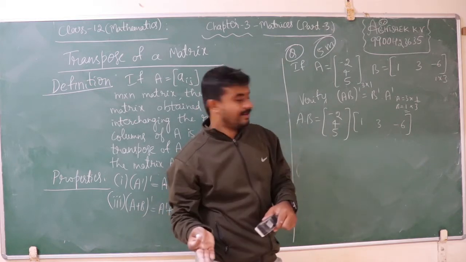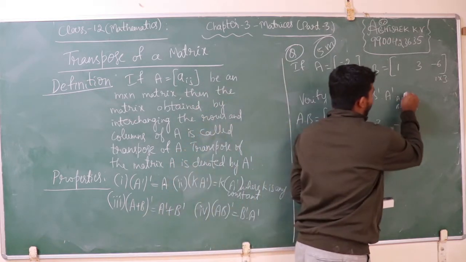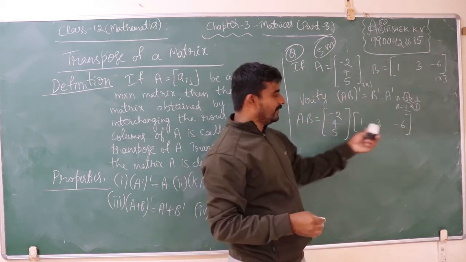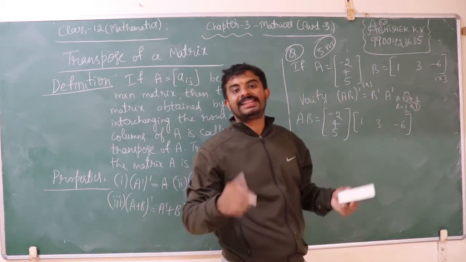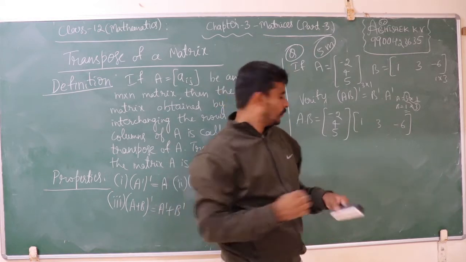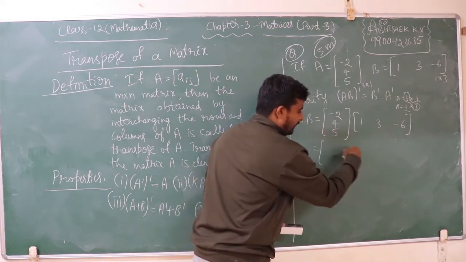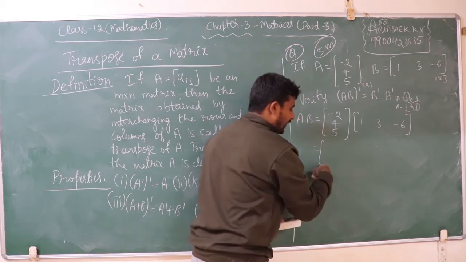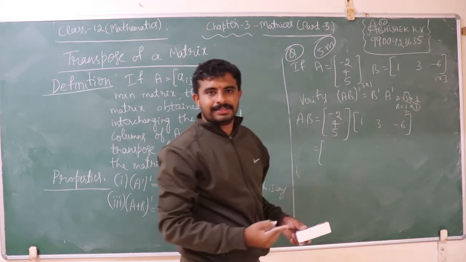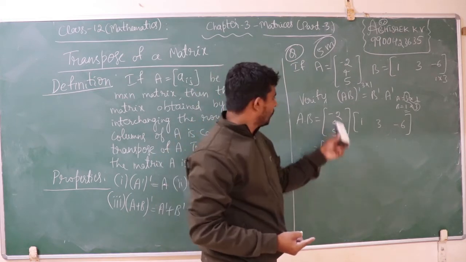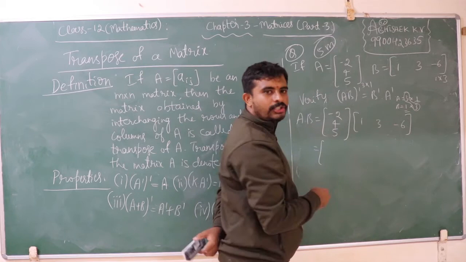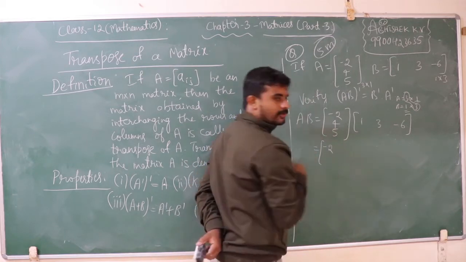What is the final matrix? It is of order 3 by 3. See, 3 by 1 into 1 by 3 gives a 3 by 3 matrix. How? A11, A12, A13, A21, A22, A23, A31, A32, A33. To find A11, first row, first column: -2 into 1, -2.